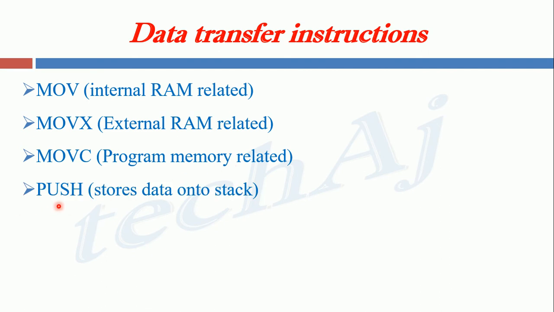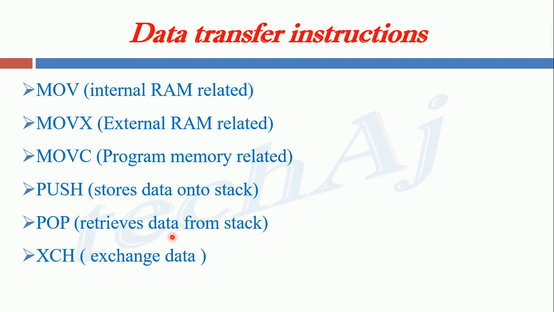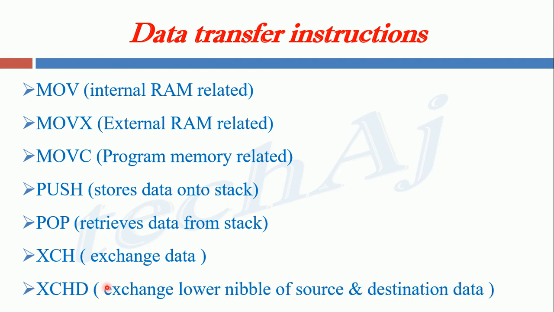PUSH stores the data onto the stack. POP retrieves the data from the stack memory. XCH exchanges the data between source operand and destination operand. And XCHD performs the exchange operation between the lower nibble of source and destination data.